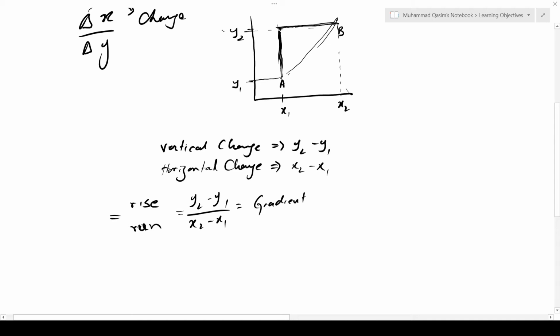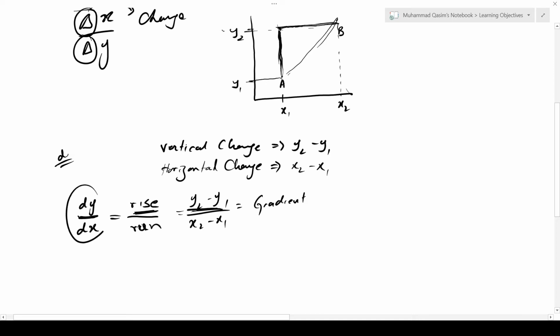If I replace these two, instead of using delta, I can say I'm going to use the letter d, and instead of saying rise or y2 minus y1, I can write this as dy, change in y, over change in x, which I'm going to read as dy by dx.